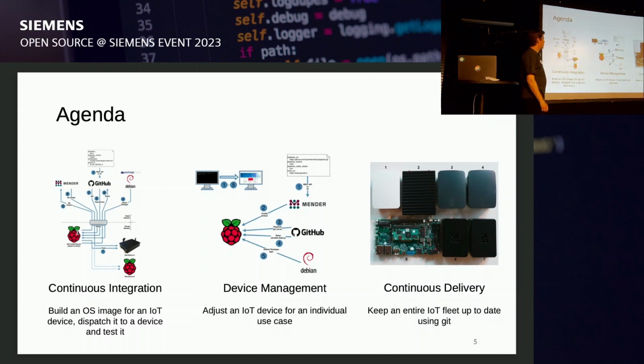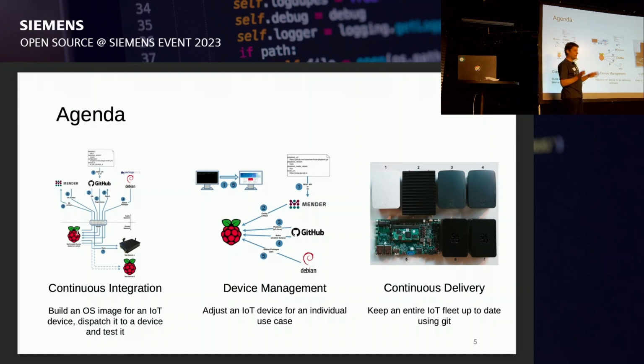My talk is separated into 3 chapters. The first chapter is about continuous integration. We build a generic operating system image from scratch. We dispatch it to a device and we automatically test it. Then the second part is about the device management. We want to turn this generic operating system image into a device that does something meaningful.